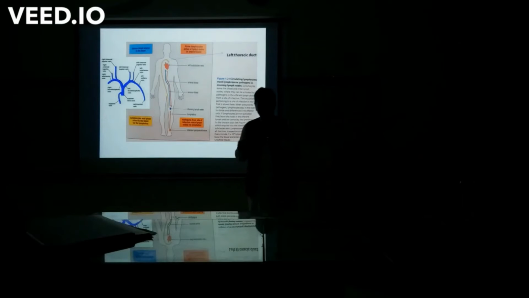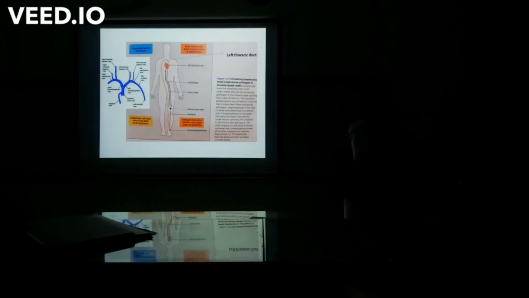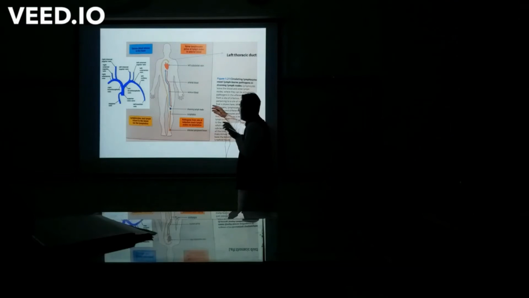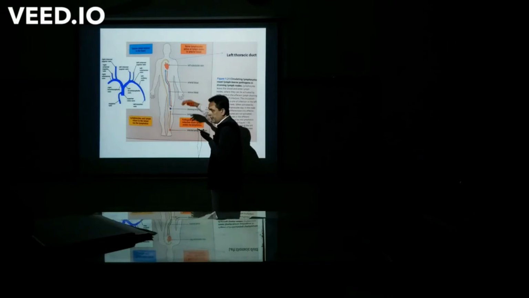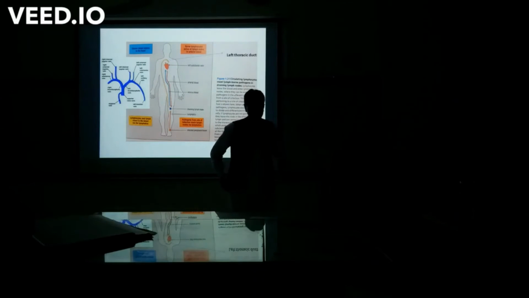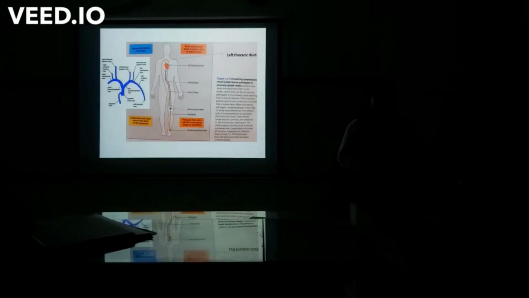That fluid which comes out of the blood into this different vascular system, the lymphatics, is drained back into the blood at some point that I will tell you about now.